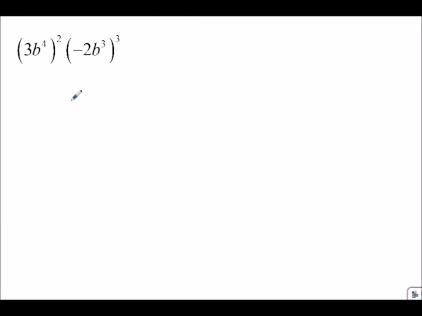This one's a little bit more complicated because you can see I have two places where we have exponents. How many terms are in this expression? Well, it's 1 because they are actually multiplied together. But I can simplify each of these factors. These are called factors in the term.